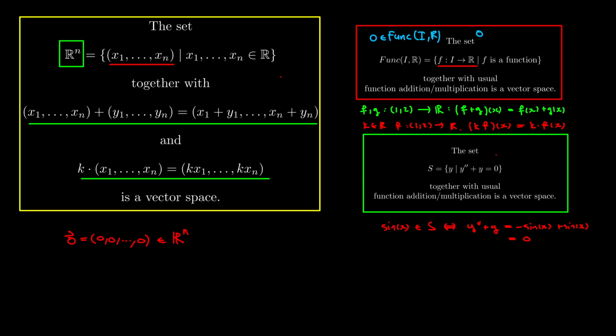Remember, whenever I refer to elements of the set, it means it's a function from I into R. So 0 in this particular case is a function that when I plug in x, I just get back 0. So no matter what x I put into the function, I get 0. And then you can check that this will be the 0 vector there. Okay, let's go back.